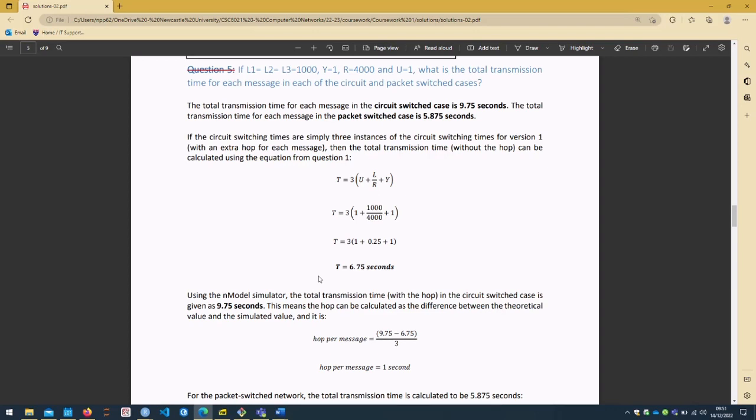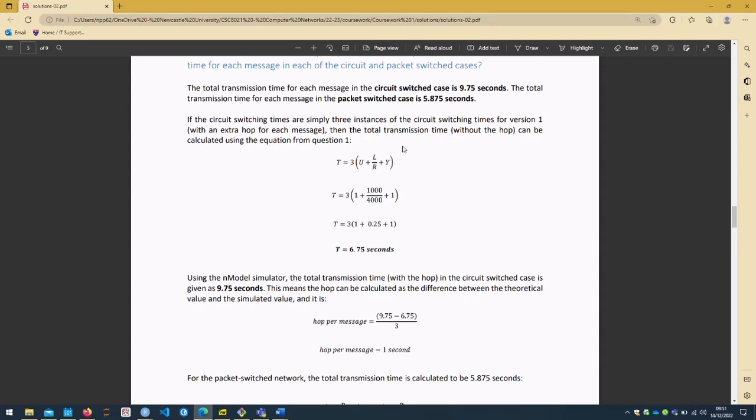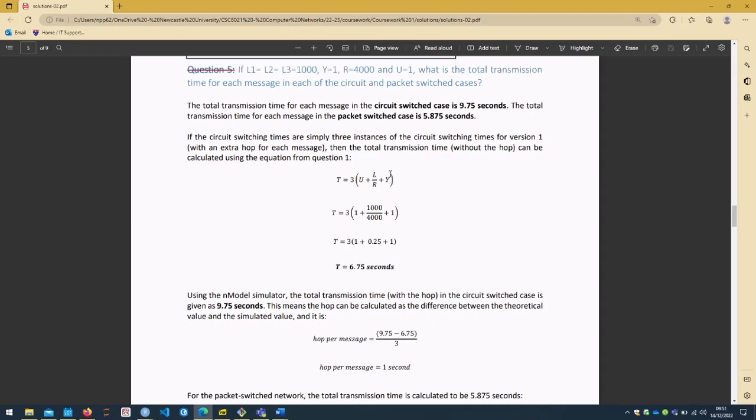As it says here, in the circuit switched case, there are simply 3 instances of the circuit switching times for version 1. So it's essentially three times the value of the previous network. So it's 3 instances of the equation from question 1.